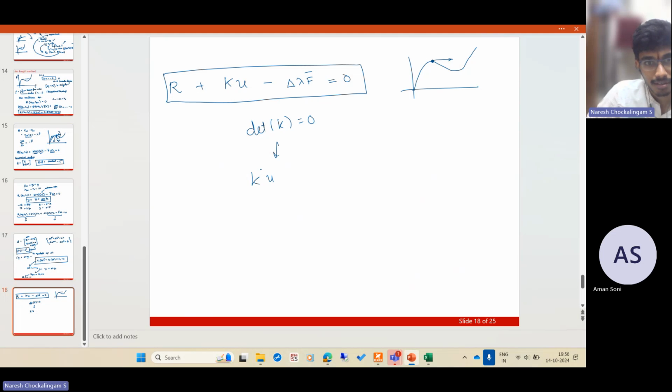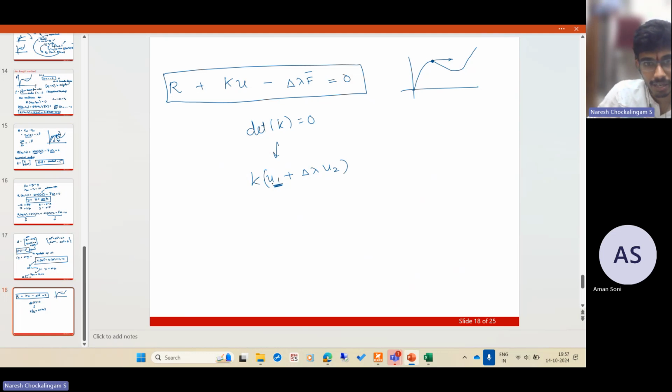So you can have multiple solutions. That is one thing. So you have this K U1 plus delta lambda U2. Basically, you cannot find a unique U1, but that is not a problem.